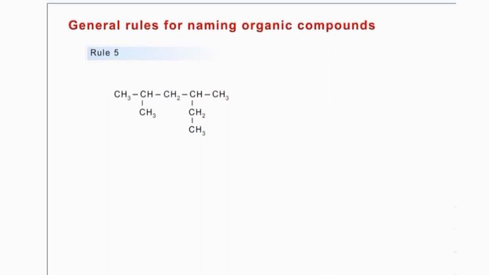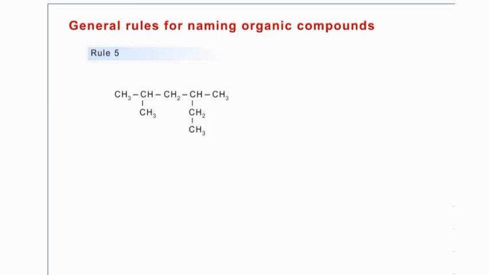Next, this is a little elaboration of the 4th rule. Let us say you have something more to learn from these examples. So rule number 5. I have given a compound and you have to name it.